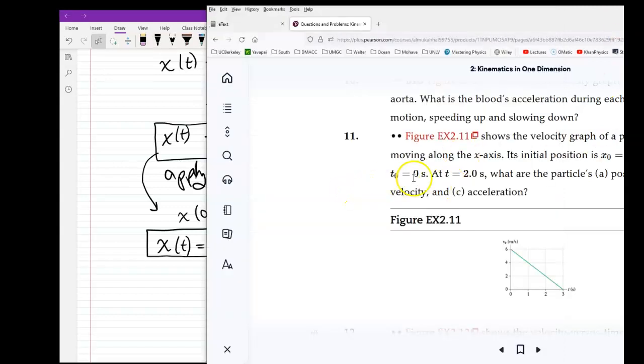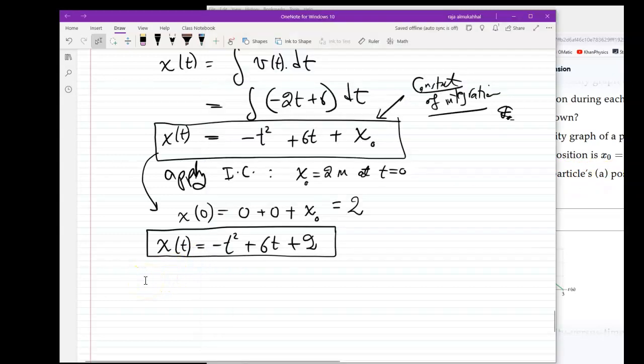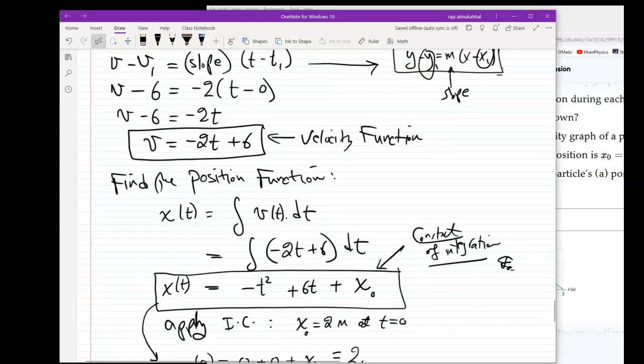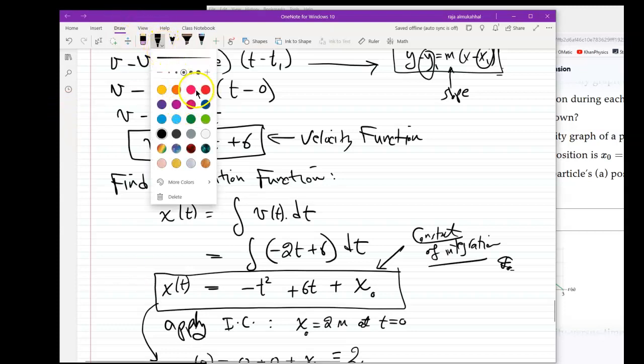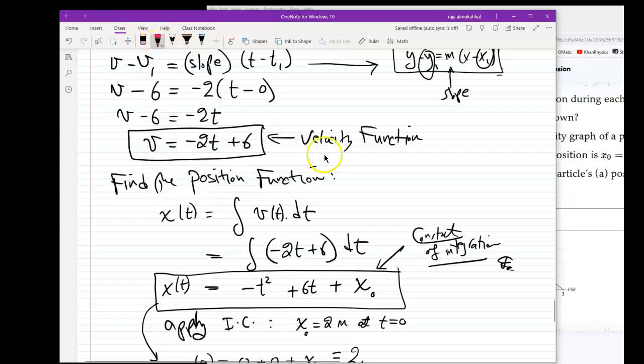He says, at t equal 2 seconds, what are the particle's position, velocity, and acceleration? So all you need to do, I already found the velocity function right here. Let me put them in a different color. I'll put pink.